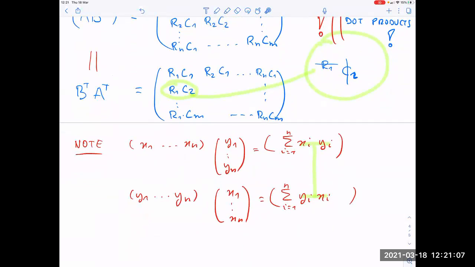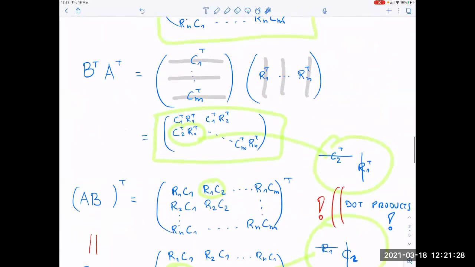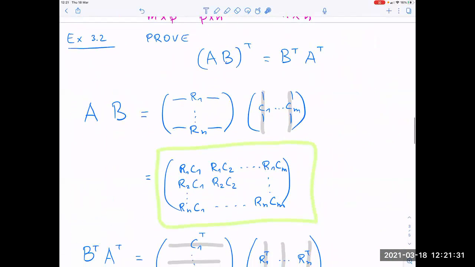When you exchange the role, you are just exchanging the order in the real or complex number multiplication. So if you do that, what you get is the explanation of why the multiplication of matrices satisfies this property here, that the transpose of the product is the product of the transposes in the reverse order.